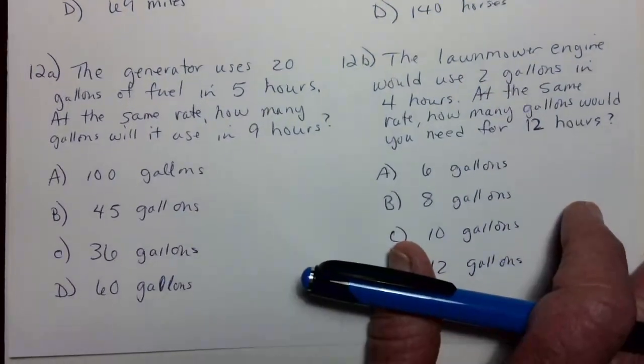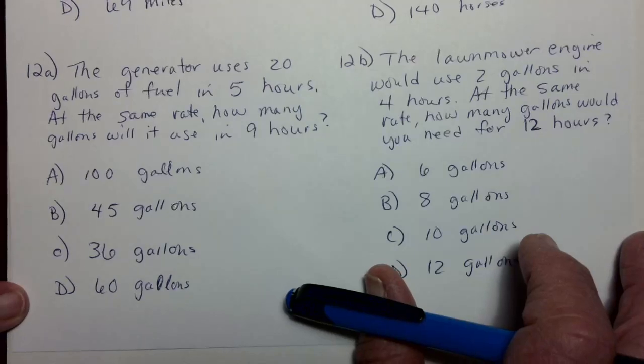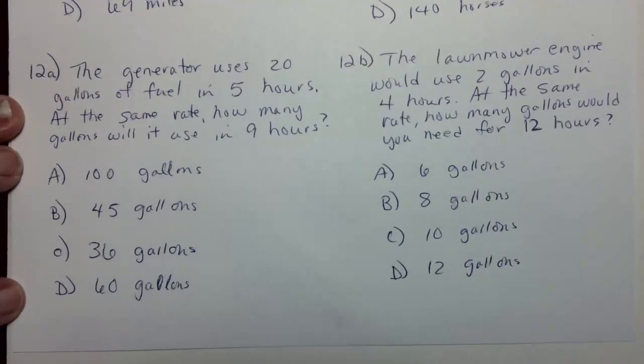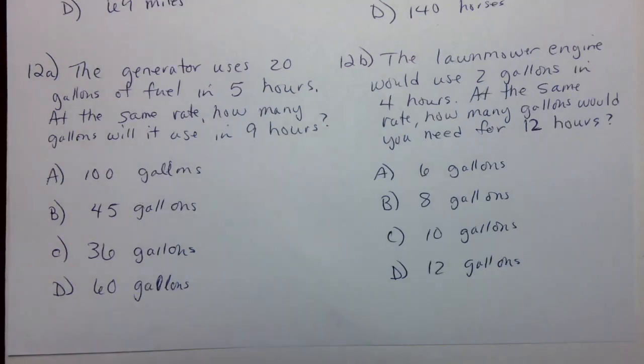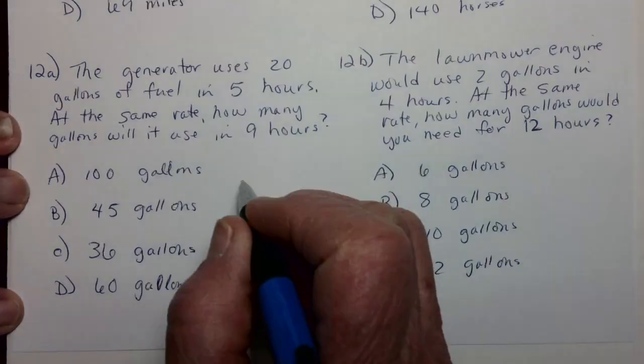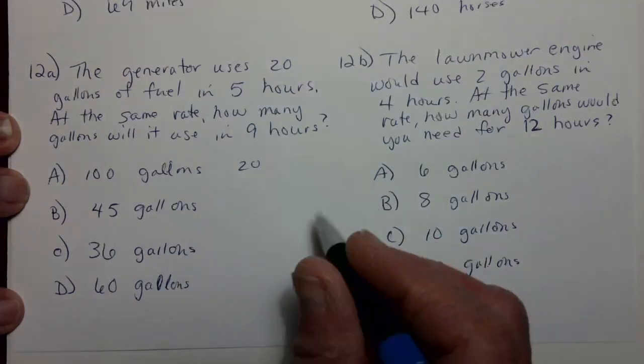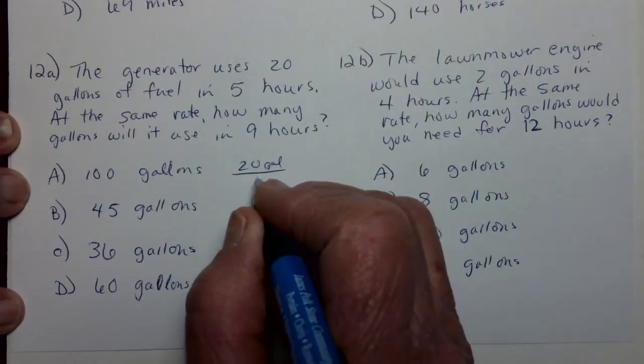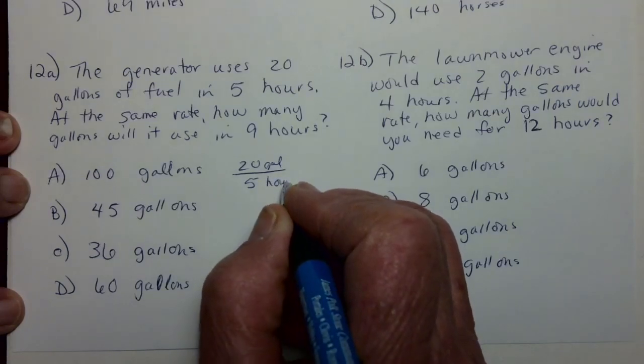Okay, 12. Generator uses 20 gallons of fuel in 5 hours. Okay, so the generator is going to use 20 gallons in 5 hours.